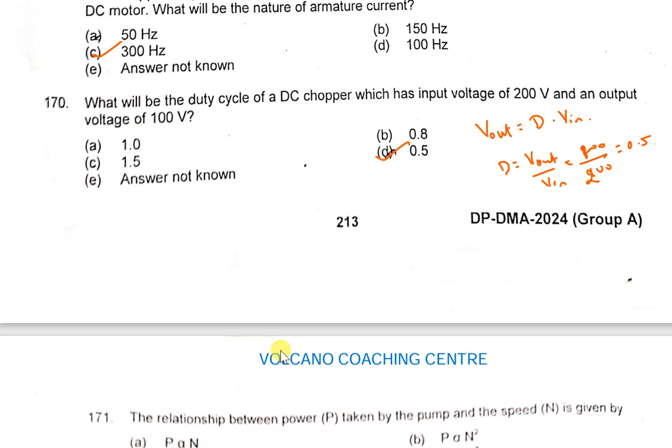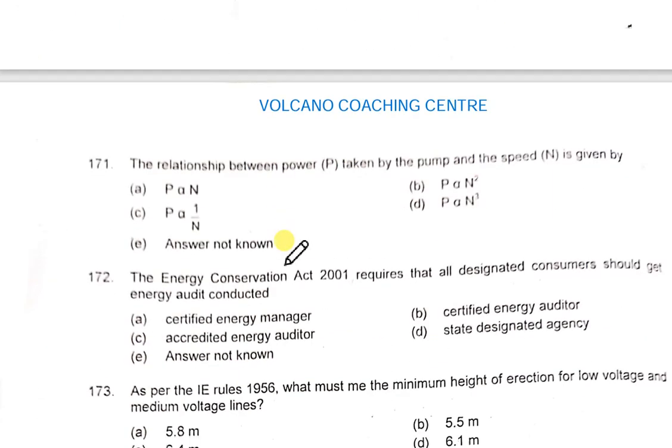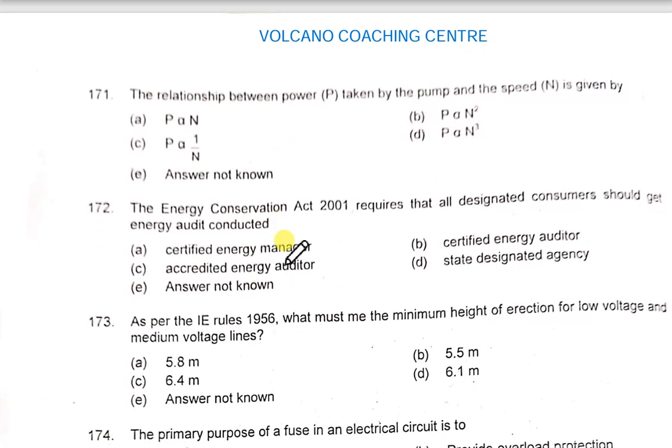So option D is the correct answer. Next one. The relationship between power taken by the pump and the speed is given by: here the power is proportional to the speed cubed. Option D is the correct answer.